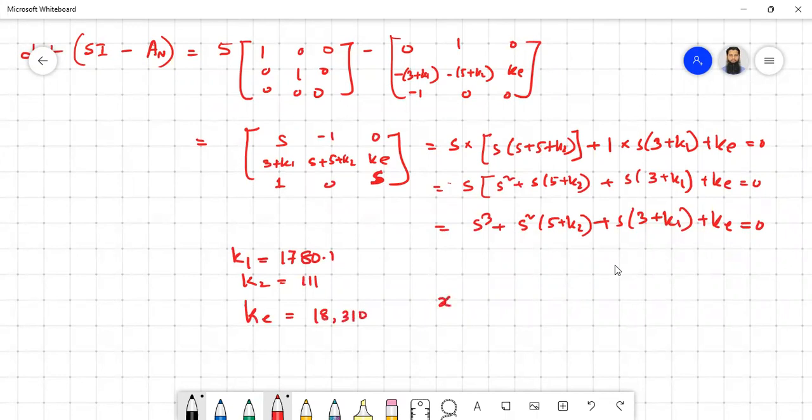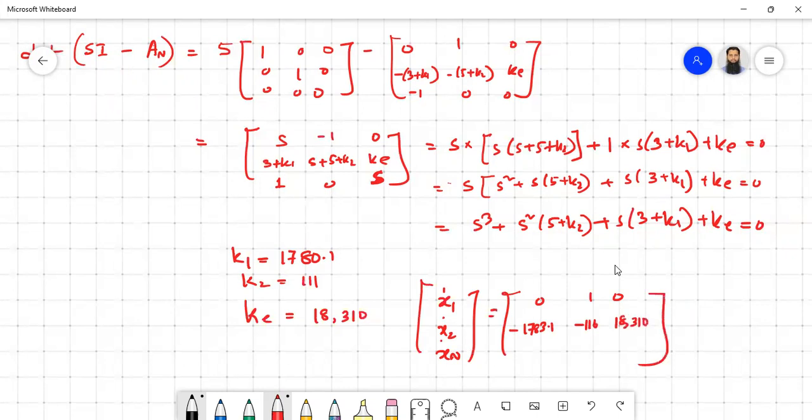Based on that, we can write our solution, that is the state equation x1 dot, x2 dot, xn dot equal to the matrix 0 1 0, 0 0 1, minus 18310, minus 1783.1, minus 116, times x1, x2, xn, plus 0 0 1 times r.